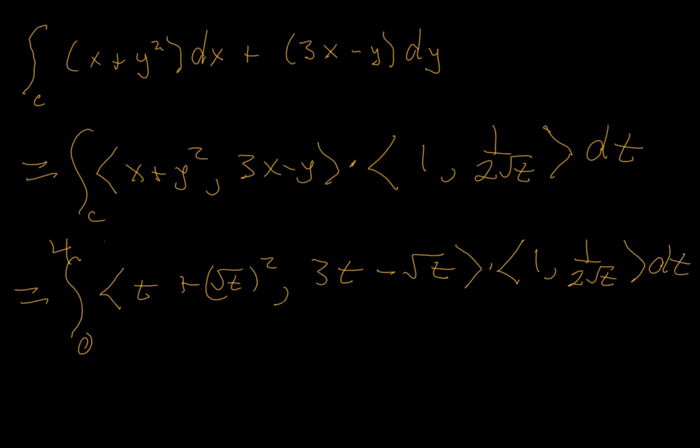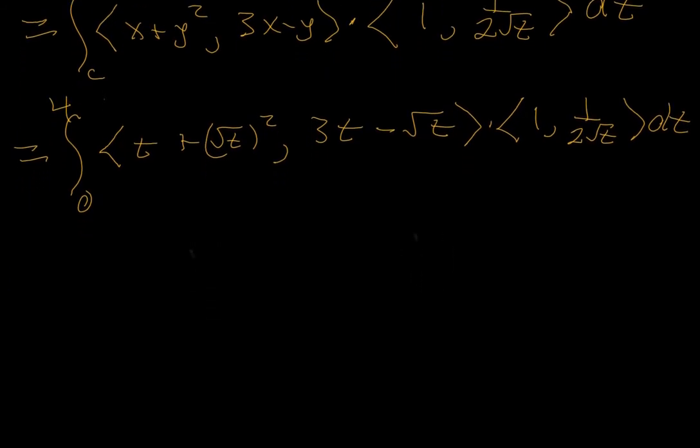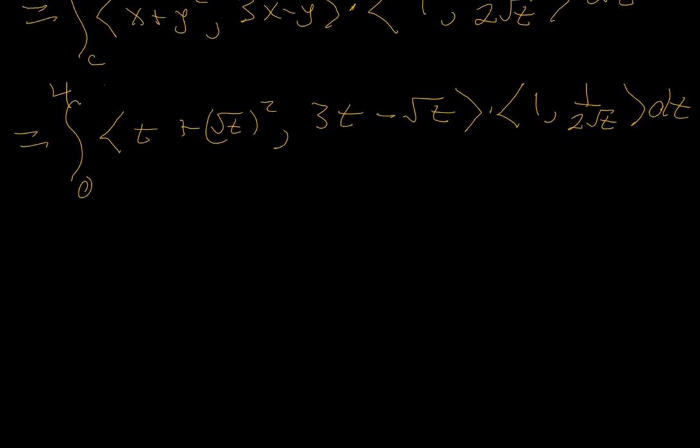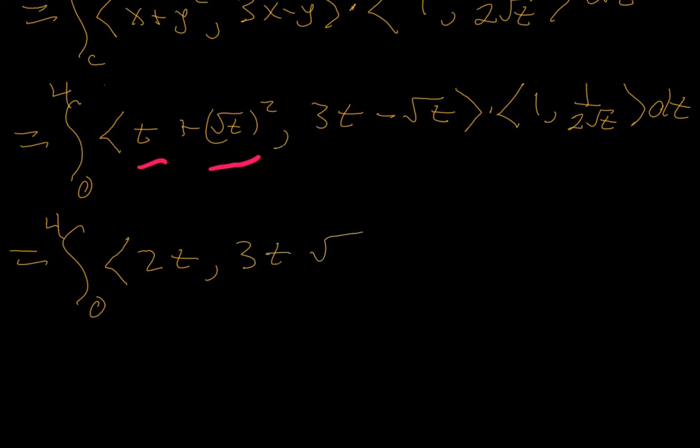I can do a little bit of cleanup. From 0 to 4, that's t plus t, which is 2t comma 3t minus root t, lost a minus sign, dot product 1 comma 1 over 2 root t.